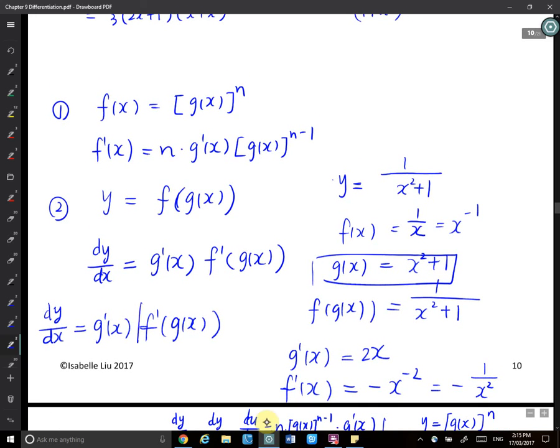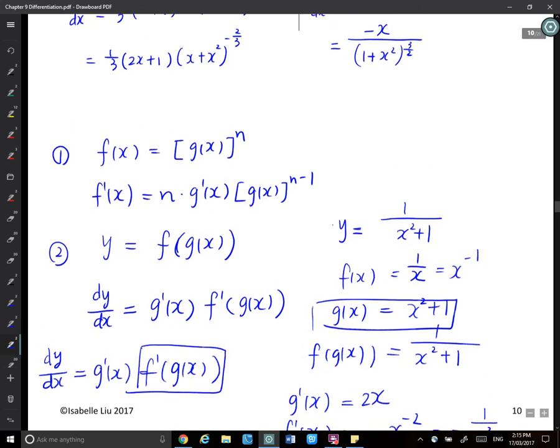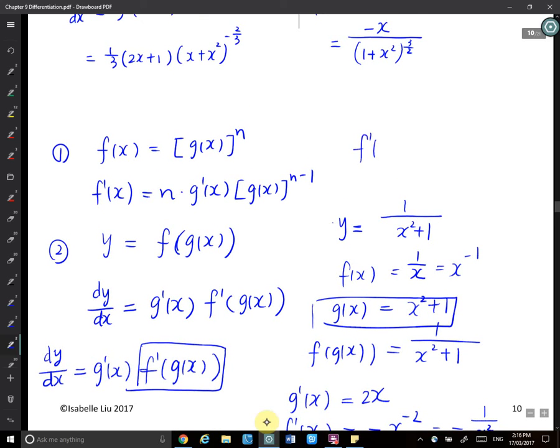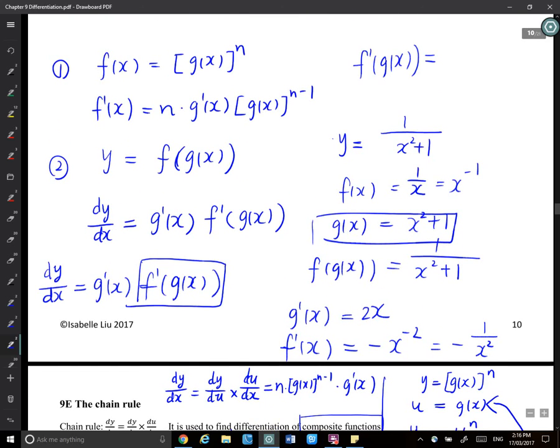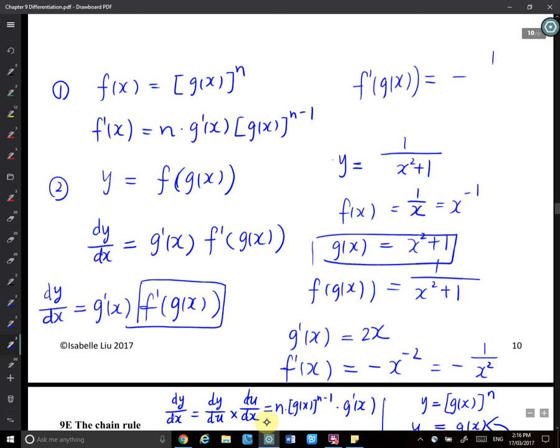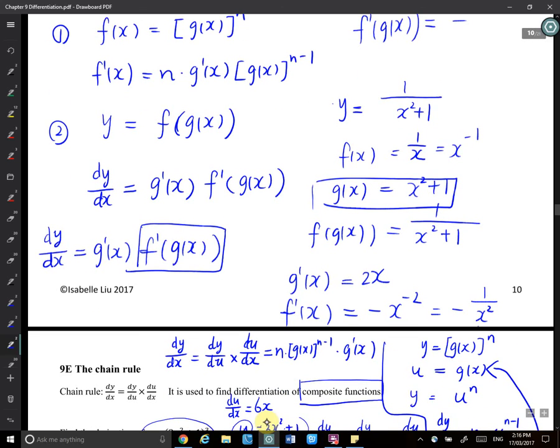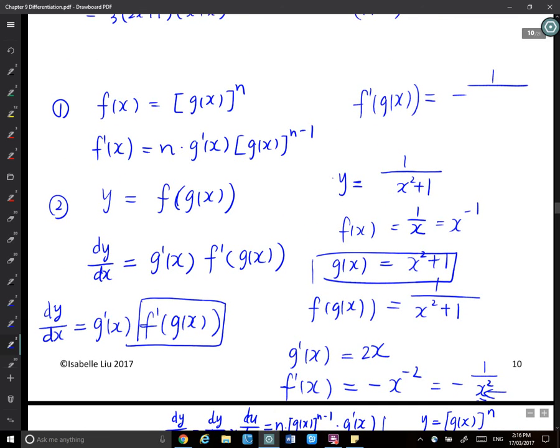And what you want is f'(g(x)). So you put g(x) into f'(x). So it is minus 1 over, this x will be replaced by g(x), so g(x) is x squared plus 1, the whole thing squared.